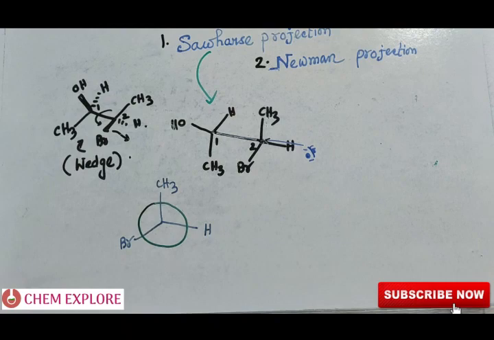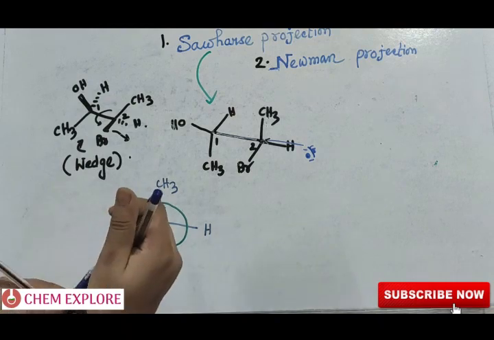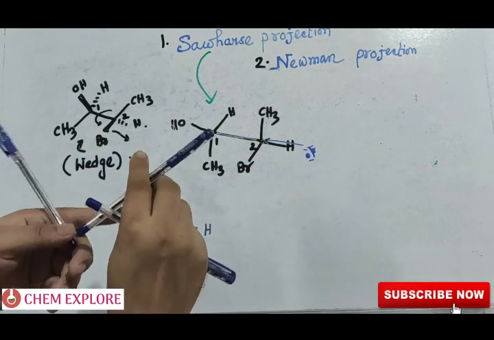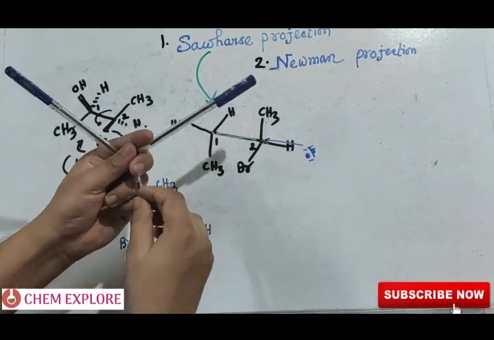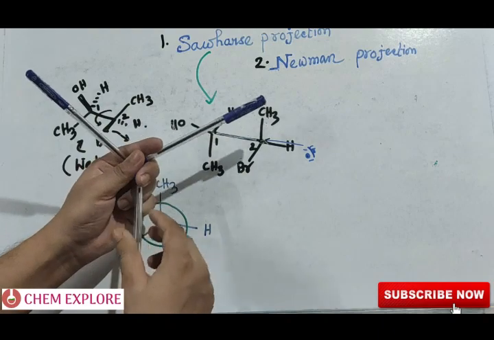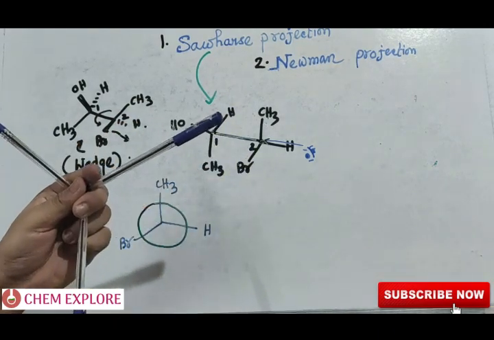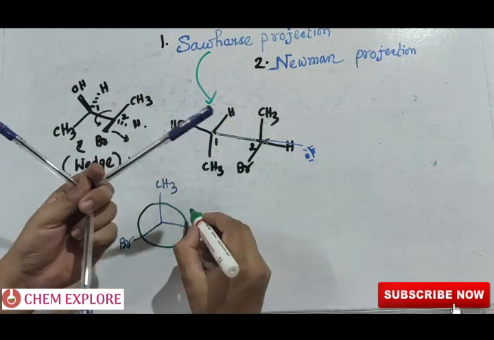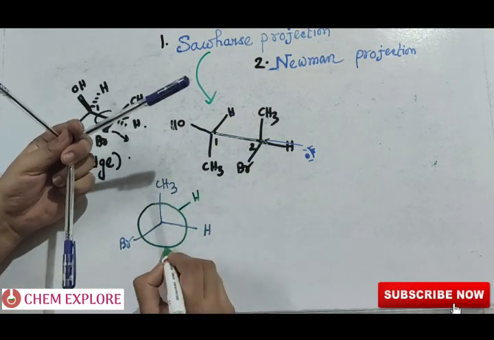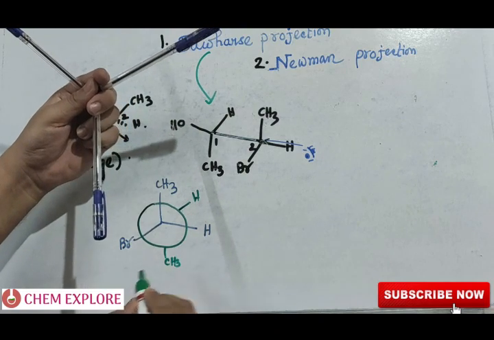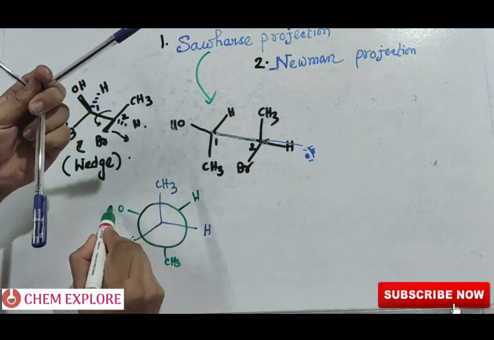In the back you have CH3, hydrogen and OH, right? So what is there in the back? Hydrogen is there, and you have a CH3, and then you have an OH, right?